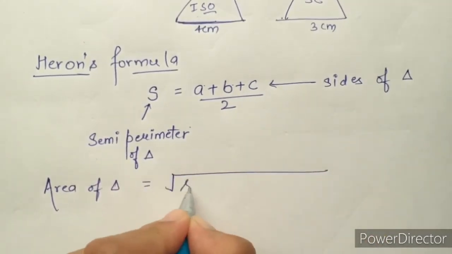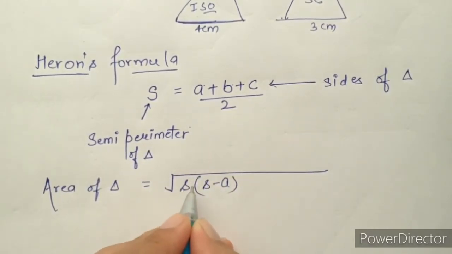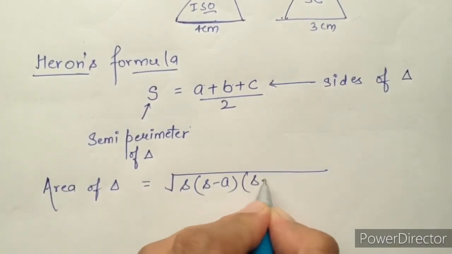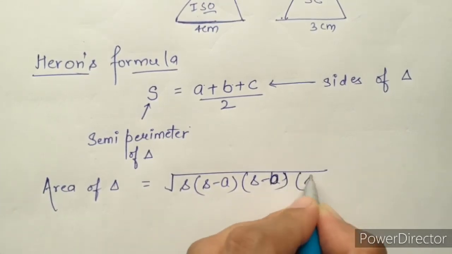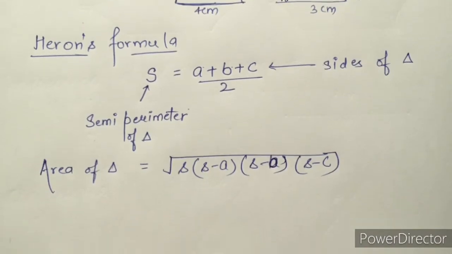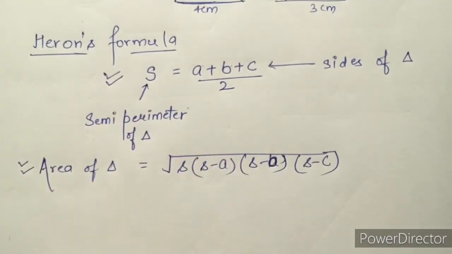Area will be the square root of S into (S minus A) into (S minus B) into (S minus C): the semi-perimeter multiplied by the difference of semi-perimeter and the first side, the second side, and the third side. These two are the main formulas that will be used in every question on isosceles and scalene triangles.